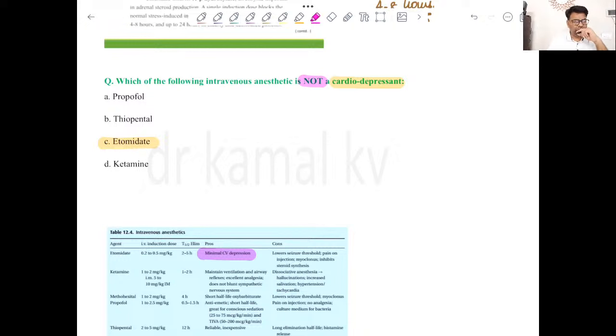So in that sense, Shubham, you are right, but etomidate has no depressive action on cardiovascular physiology whatsoever. So better is always etomidate. It has minimal cardiovascular depression effect, so please remember that, right? And yes, ketamine you can think of, but if both the options are given, it's better you go for etomidate, right, Shubham? So etomidate is the better answer here.